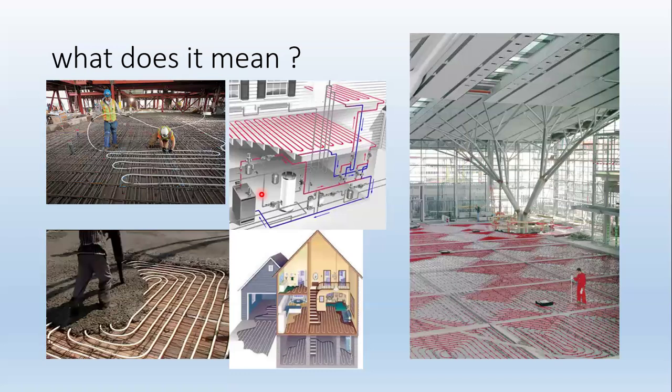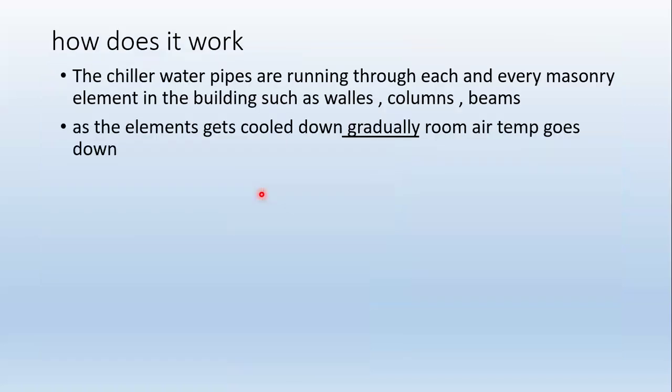Actually, this RCT has only a single advantage. Why? Because, as I told you, there won't be any IDUs, so the energy consumption of the AHUs should be absent. That's it. The only cost you will incur is the chiller cost, which means the energy consumption of the chiller.